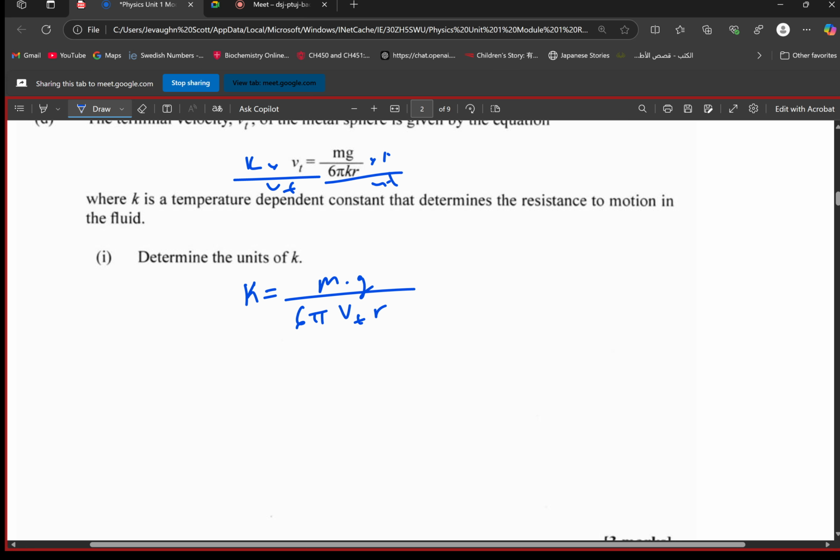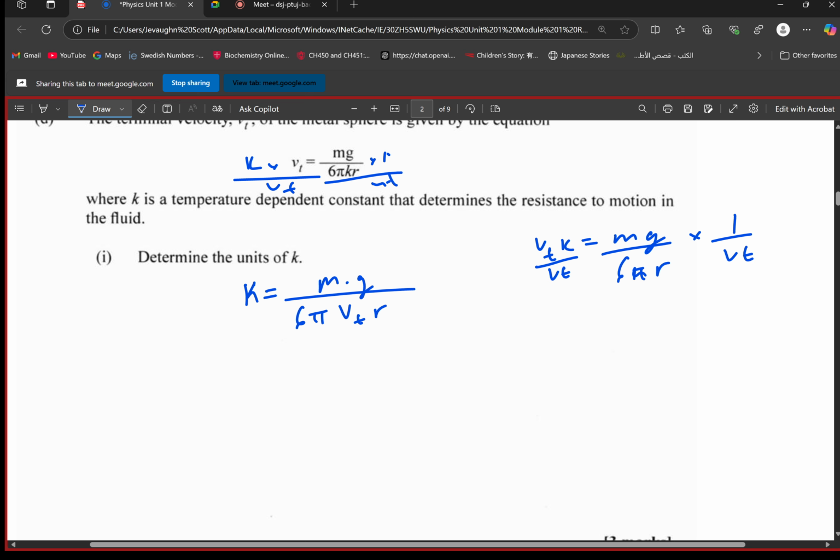So we ended up moving the K to one side and pushing the Vt to the other side. If we multiply both sides by K, we get Vt K equal to mg over 6 pi r. And then we divide by Vt, so this is literally multiplying by 1 over Vt. Okay, so we have that there.